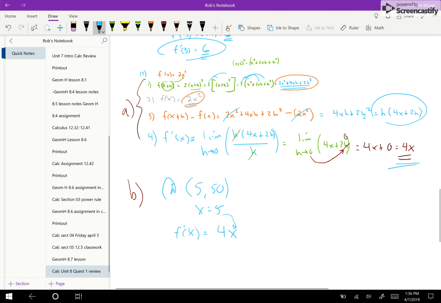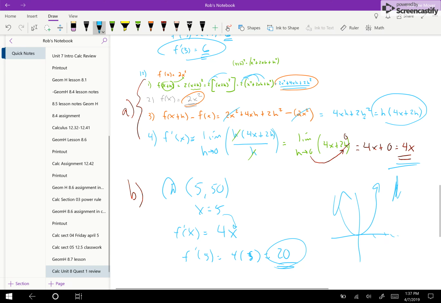So if x equals 5, it plugs in there. f prime of 5 is 4 times 5, which is 20. Okay, that means the slope of the tangent line at 5 comma 50 on the graph of 2x squared is 20. It's pretty steep. Think about it. 2x squared goes up pretty quickly. So way over at 5, this thing has a very steep slope. Way up there at 5 comma 50, we're going to have a pretty steep slope of 20. Okay, that's the slope of my tangent line.